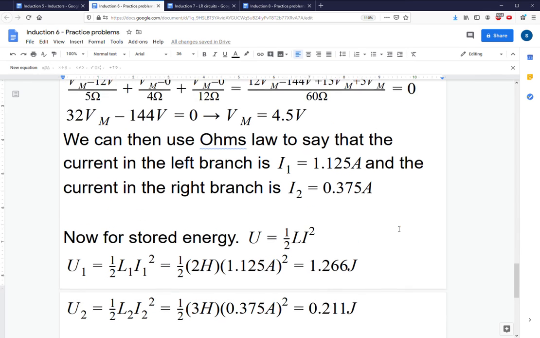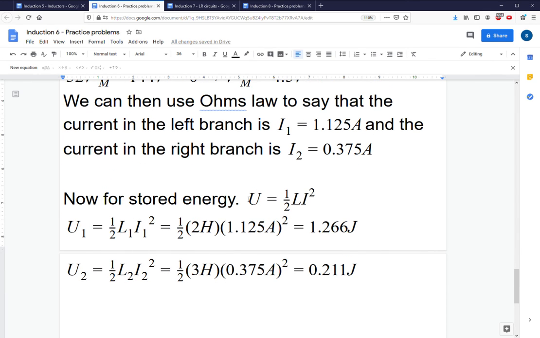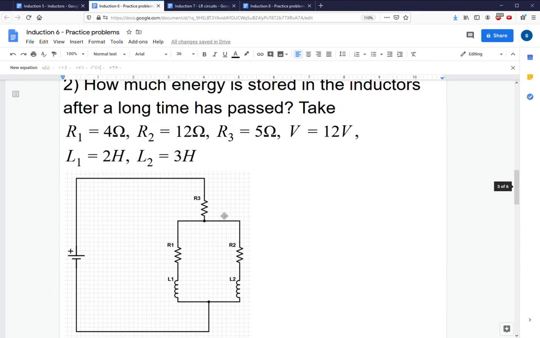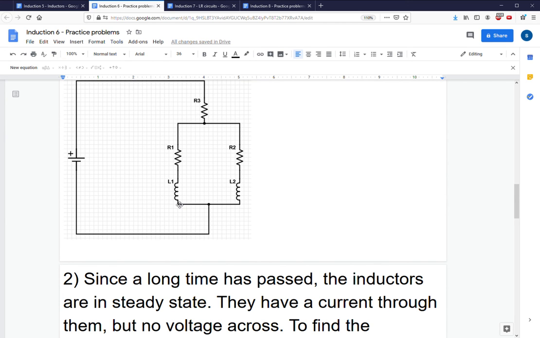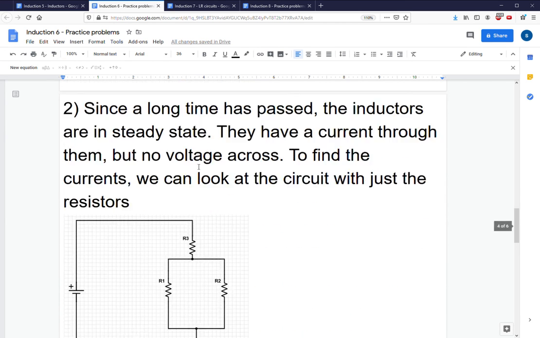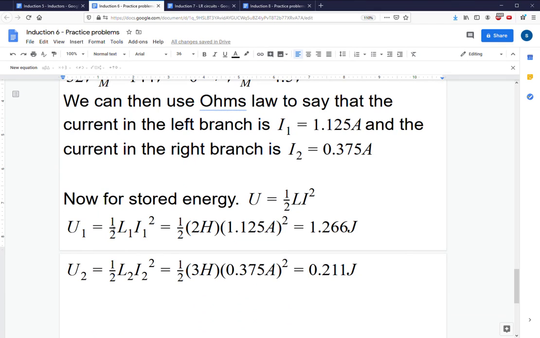Now that we have these currents, we can use the formula U equals 1/2 L i squared. For inductor 1, we use current 1, because inductor 1 is in series with resistor 1. So 1/2 times the inductance, which is 2 henries, times the current, which is 1.125 amperes squared, is equal to 1.266 joules.